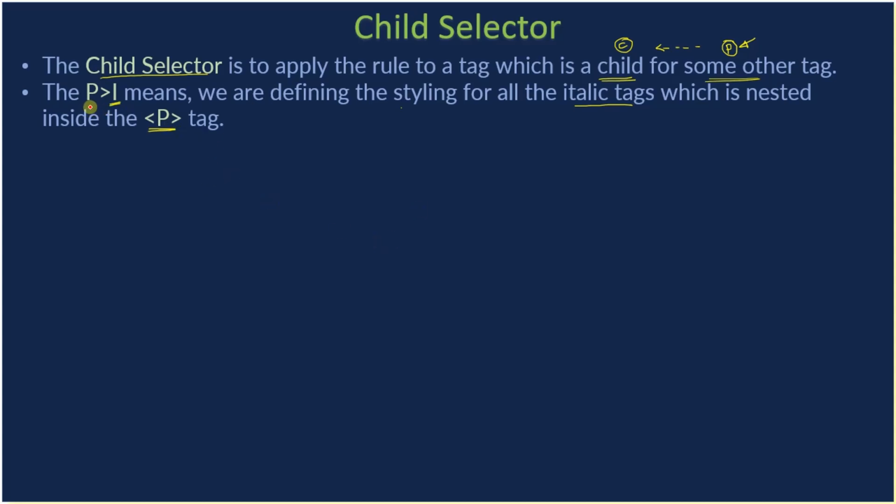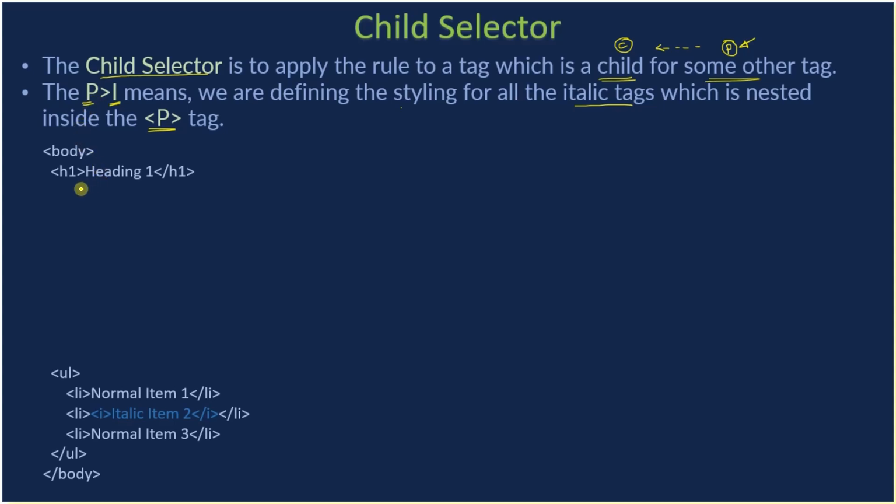So P is the parent here and I is the child of parent. So that means select all italic tag, but that should have a parent P. So if you specified italic tag on some other tag other than P, that will not get picked.